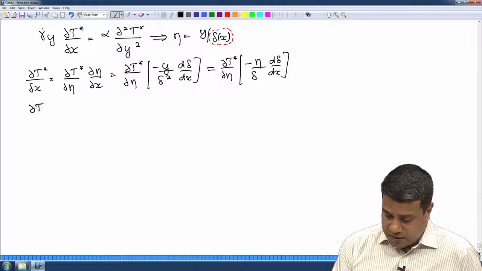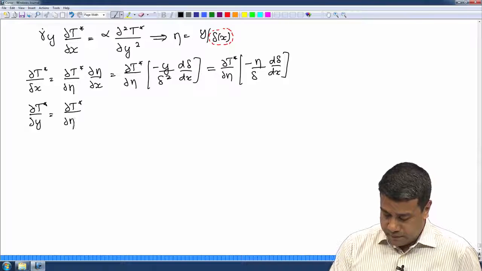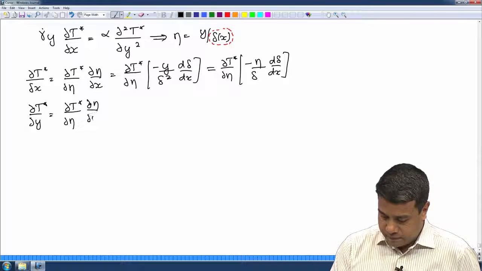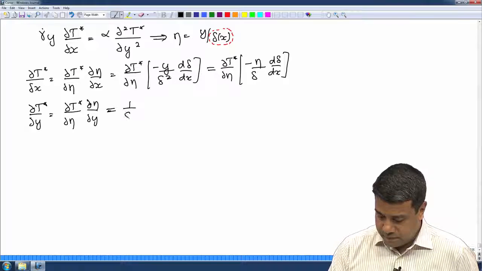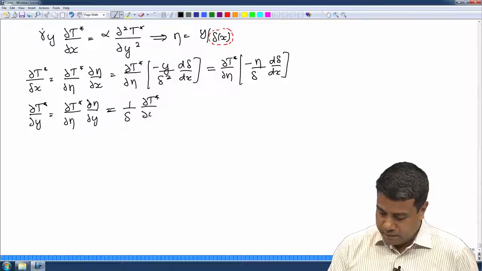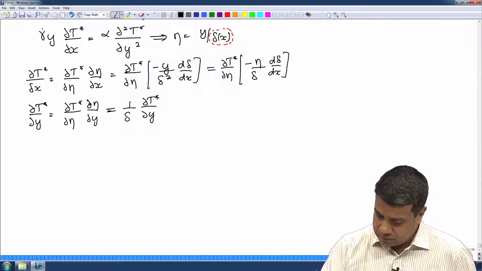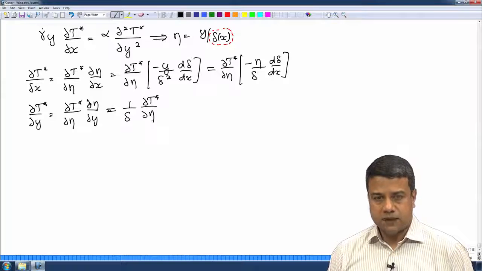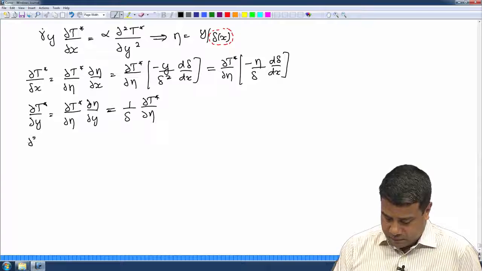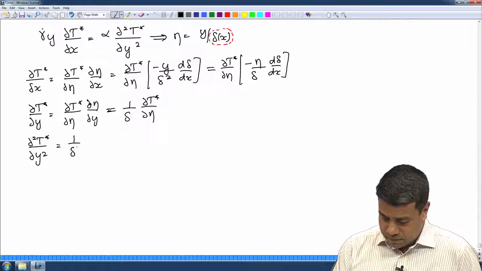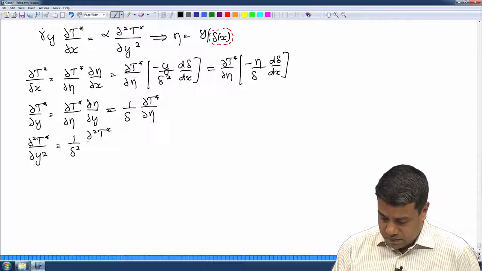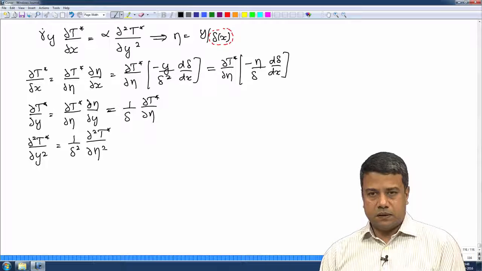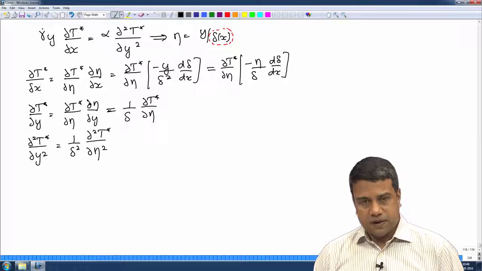And the derivative with respect to y is quite easy. The second derivative, and now I have to collect terms on the left and the right sides.